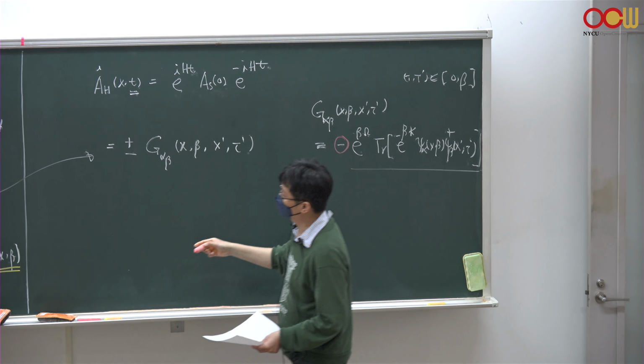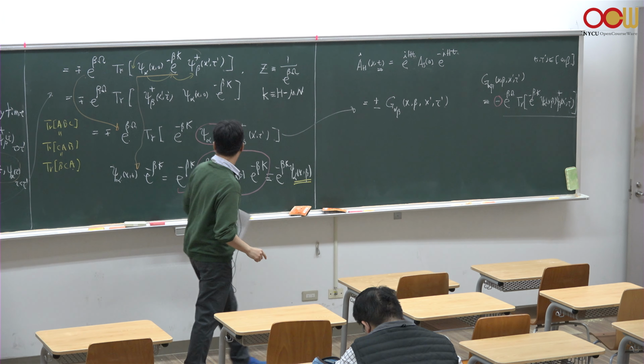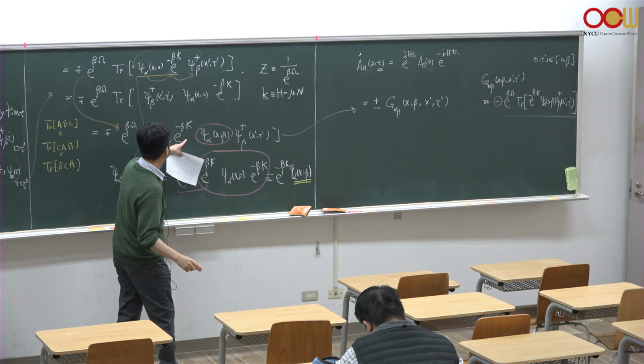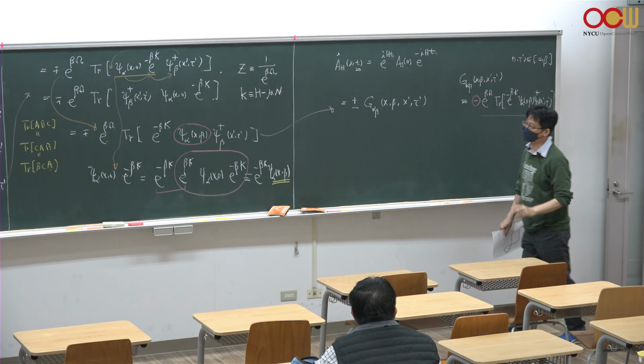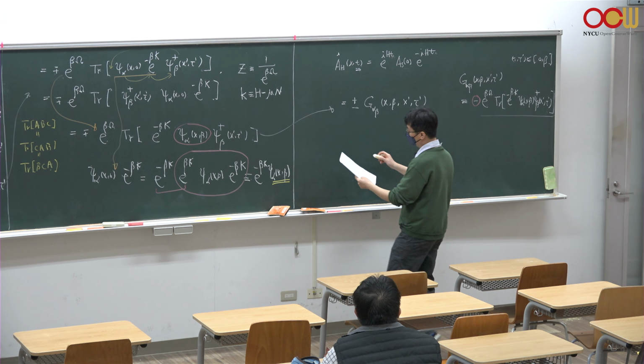So using that relation and multiplying by an extra minus sign, you could relate this Green's function at two different imaginary times. The original Green's function is G alpha beta x0 x prime tau prime, but the final Green's function is this plus minus G alpha beta x prime tau prime. So you simply relate these two.